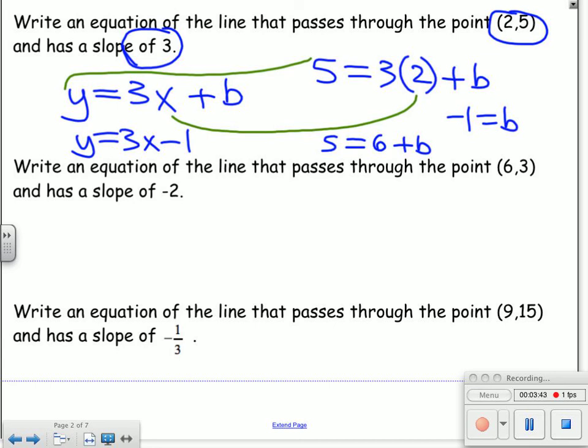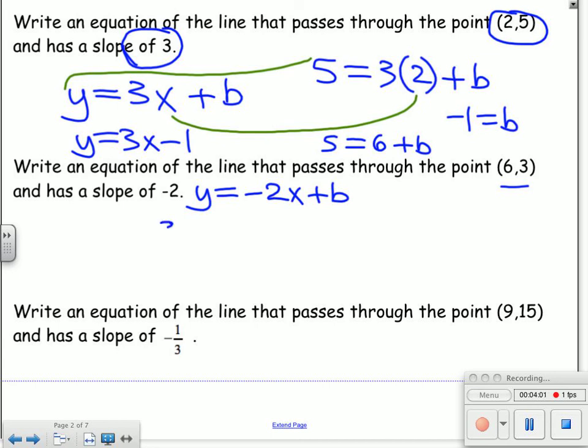Write an equation of the line that passes through the point 6, 3 and has a slope of -2. Again, right off the bat, we get half the problem solved. So now we're going to substitute in these points, and we're going to see what happens.